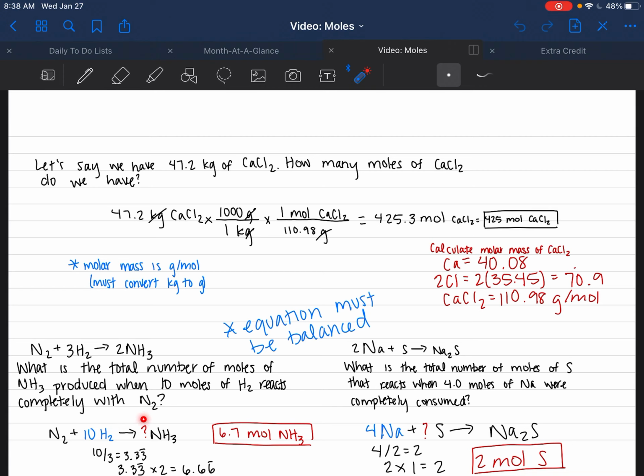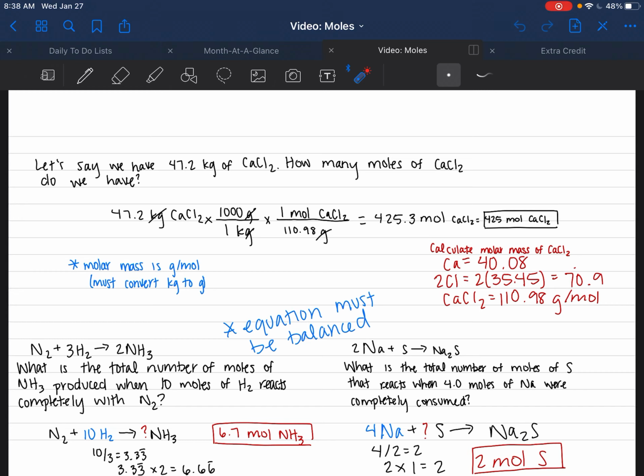So we would multiply this coefficient by the same number, and we know the coefficient at the top was 2. So that 3.33 times 2 is 6.66666, a bunch of sixes. So I would just say 6.7 moles of NH3. So again, you're using your significant figures. We had 10, now we have 6.7.